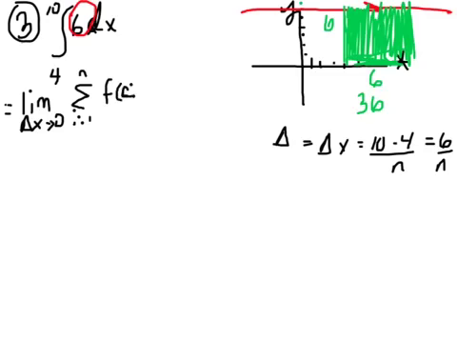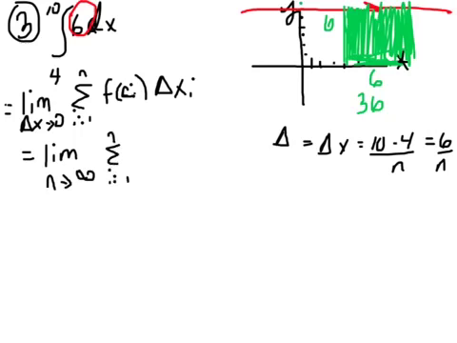They write it as f of c sub i times your change in x sub i. So what we're really going to do is take a limit as the change in x goes to 0. We're basically saying we're getting n rectangles, so we're going to let n go to infinity. We're still thinking about these little rectangles. They're each going to have a width, and they're each going to have a height, and the height is the function value.